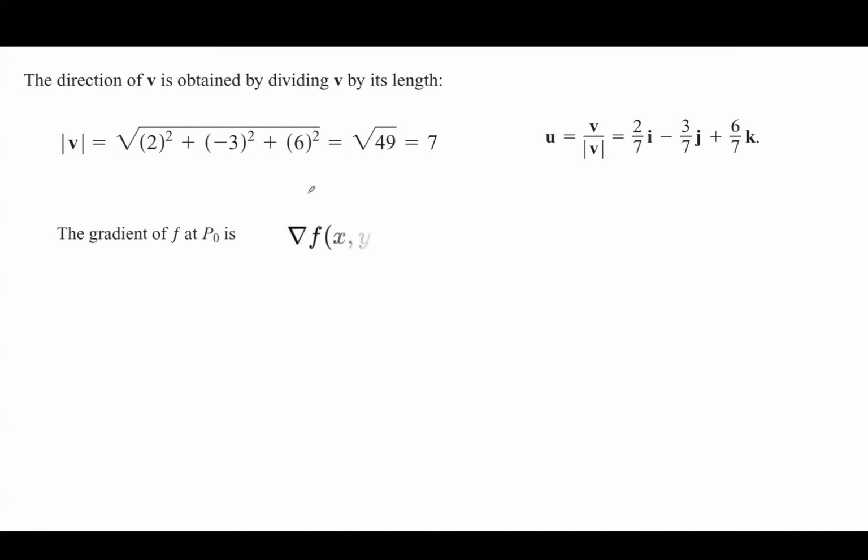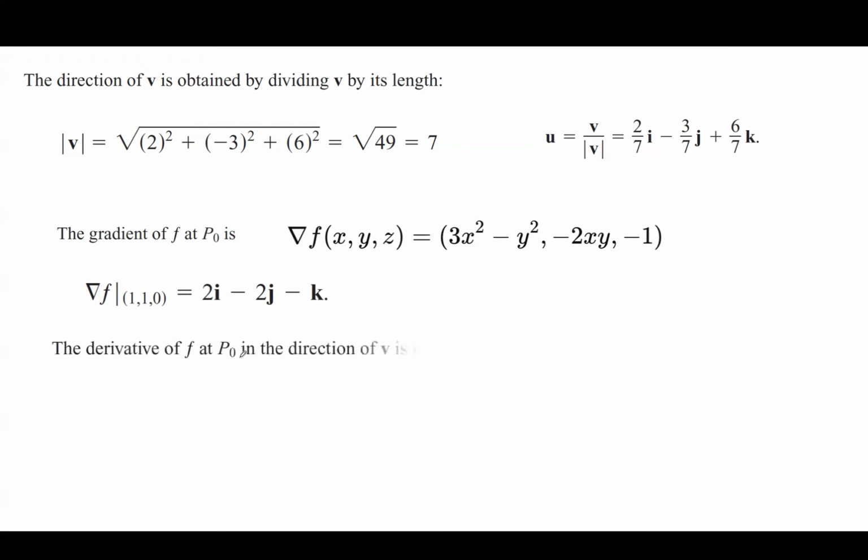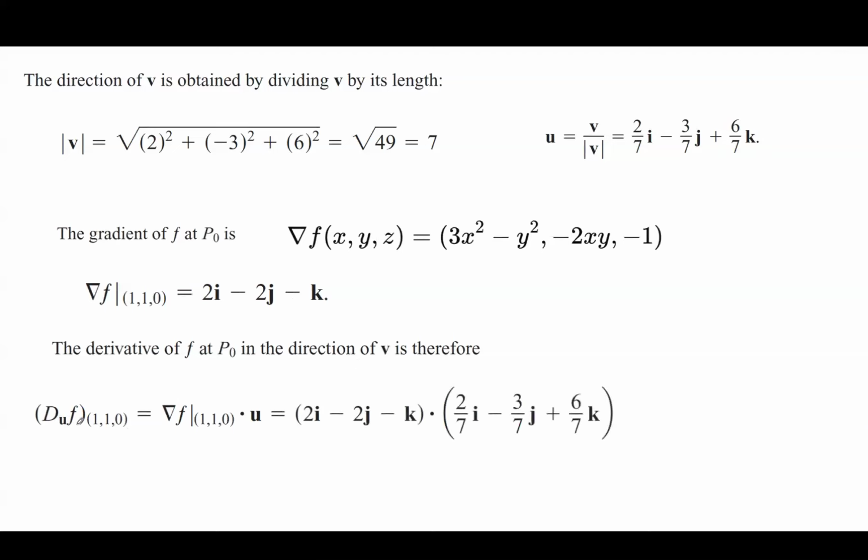Remember that the gradient of f at the point, as we calculated, is (2, -2, -1). Now, the derivative of f at p sub 0 in the direction of vector v is going to be the directional derivative of f in the direction of unit vector u at the point (1, 1, 0), which is basically the dot product between the gradient and the unit vector.